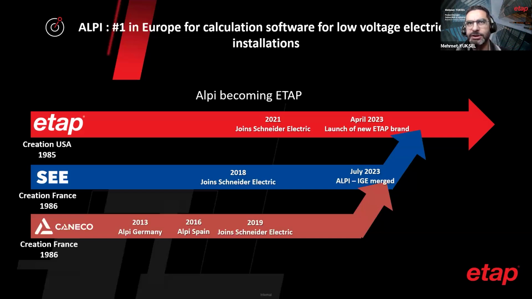The Schneider Electric Group has bought these 3 companies, among other software companies also, and we merged in 2023 as the ETAP brand for representing all of the 3 companies, and now we are ETAP and not anymore IG or Alpi for Caneco.